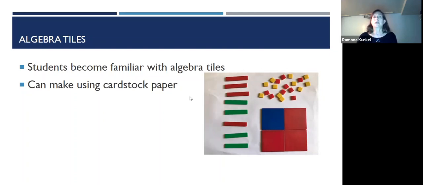So yeah, you can use these in a variety of ways. Again, like down here where you have the blue with the red, you can show fractions with 1/4 or 3/4, however you want to show it. You can also make them out of cardstock paper and just use them that way for your students.